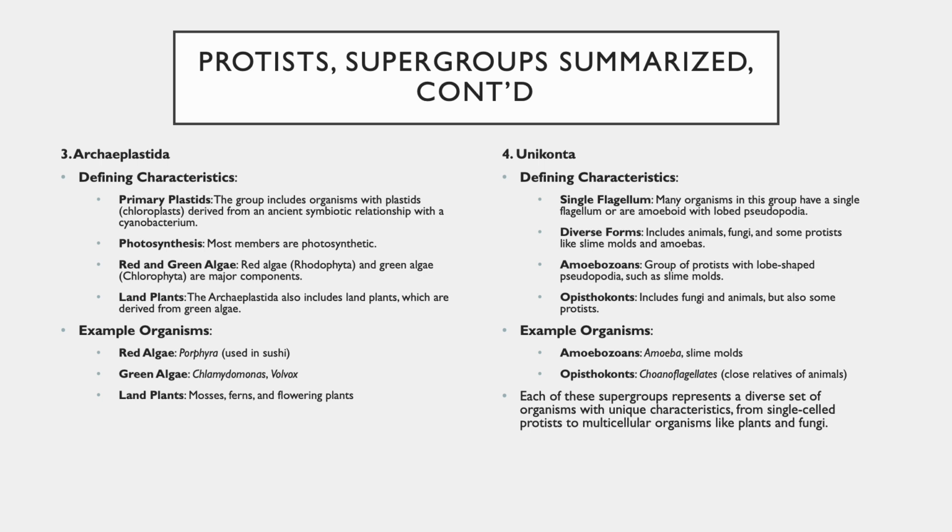They include fungi and animals, but also protists. Many of these supergroups are a diverse set of organisms with distinct, unique characteristics, from single-celled protists all the way to multicellular organisms like those seen here on the left, plants, and on the right, fungi, and even animals falling into some of these categories.